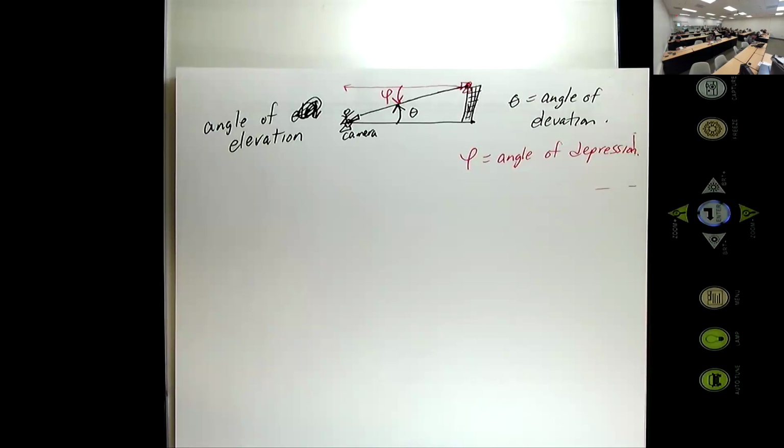Now, in this picture, they should be the same, but in general, they're not. It has to do with geometry. If it gives you an angle of depression, don't always just assume it's the angle of elevation. Depression is looking down from the horizontal, and elevation is looking up from the horizontal.